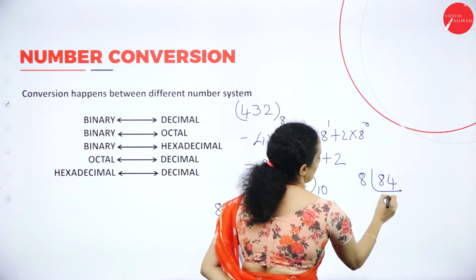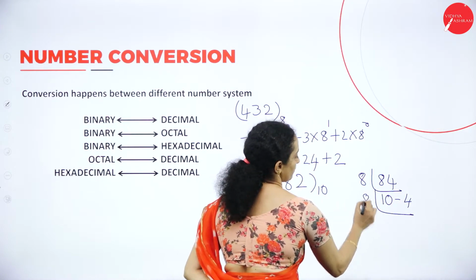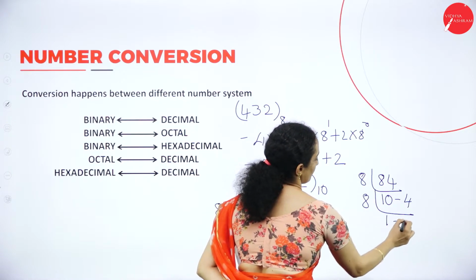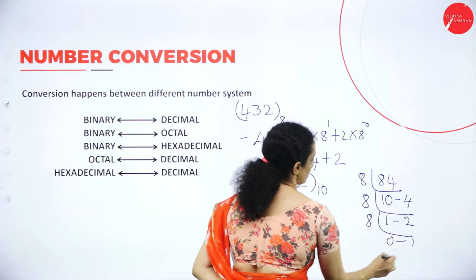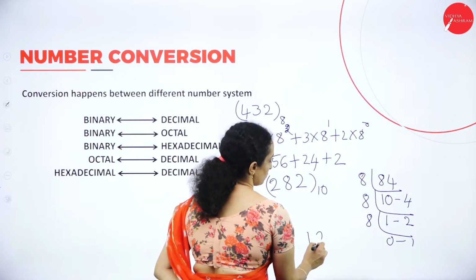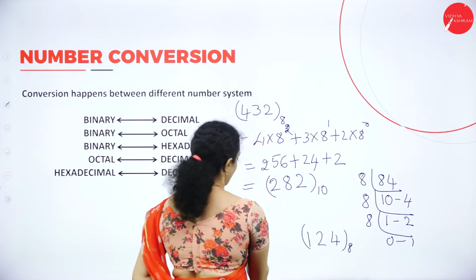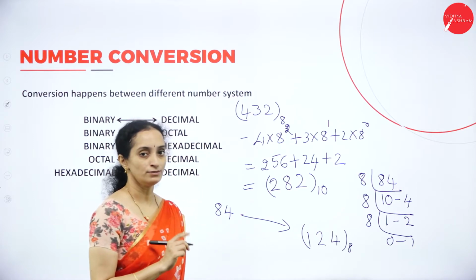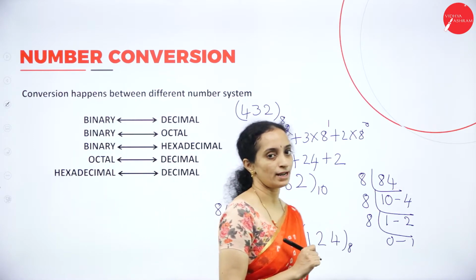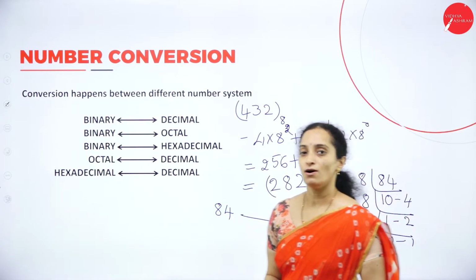Okay. So 0, remainder is 1. Can represent it as 1, 2, 4 with the base 8. 84 in octal can be represented as 124. Alright. So this is about octal to decimal, decimal to octal.